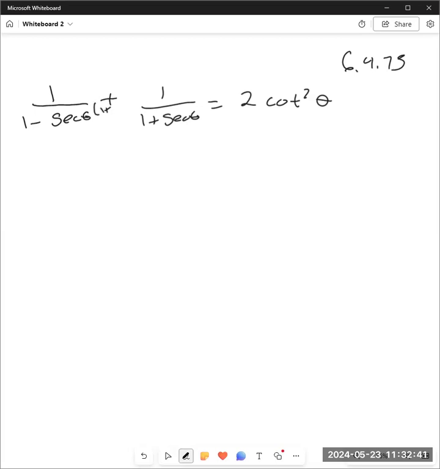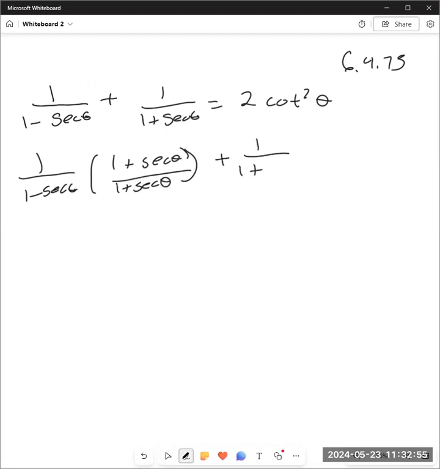Let me just write that in the next step: 1 over 1 minus secant theta times 1 plus secant theta over 1 plus secant theta, plus 1 over 1 plus secant theta times 1 minus secant theta over 1 minus secant theta.